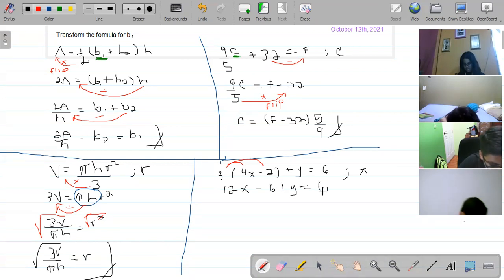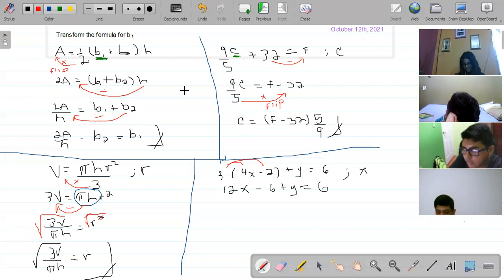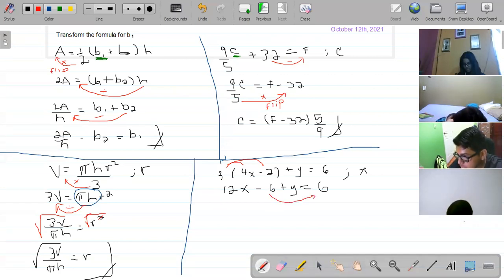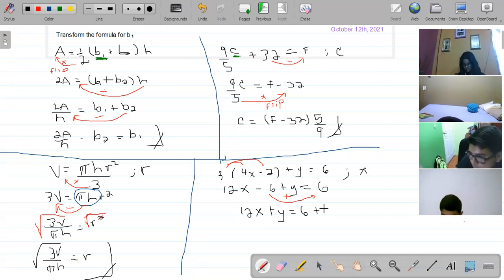Now remember, we're going step by step, Guillermo. So what should I move first? The -6. So if it's negative, it goes to the other side? Positive. So now I have 12x plus y is equal to 6 plus 6. And I can simplify that, right?